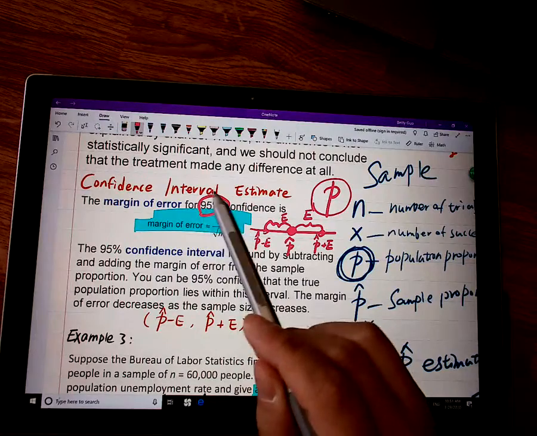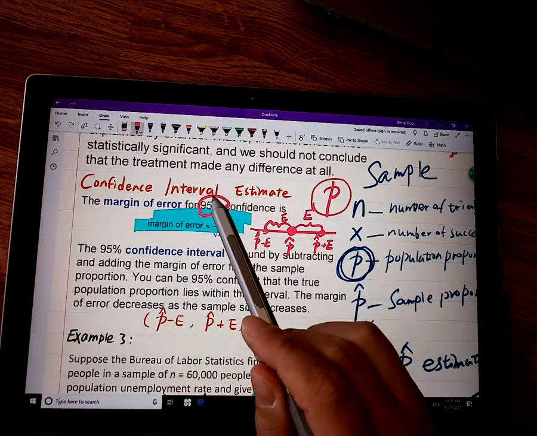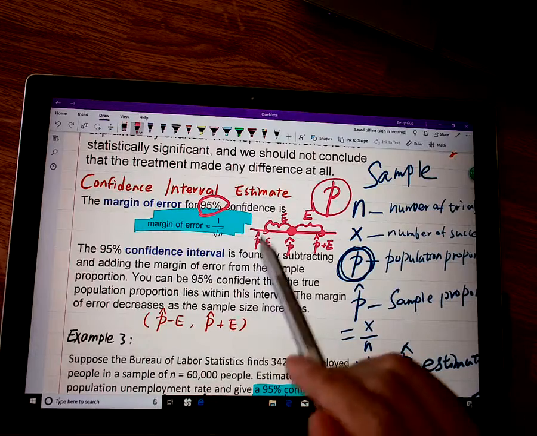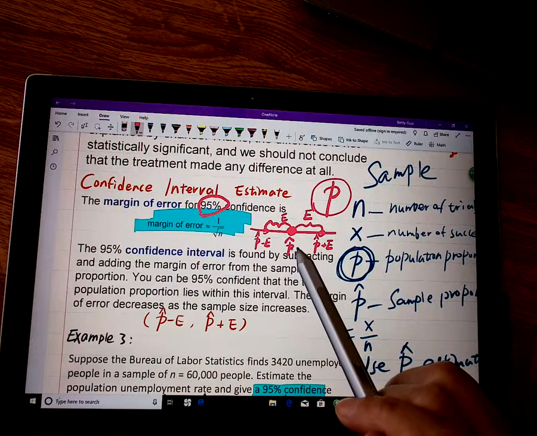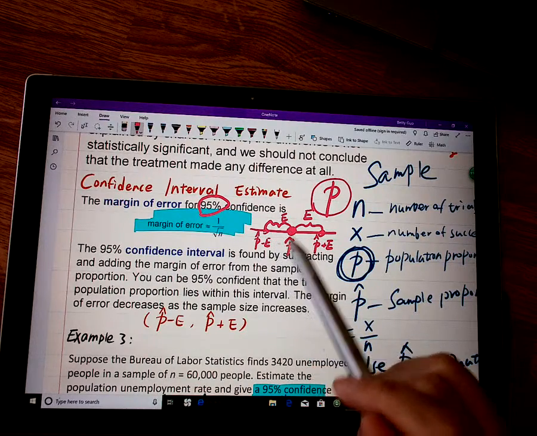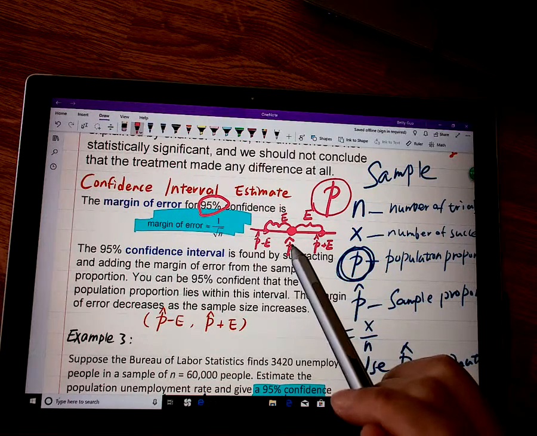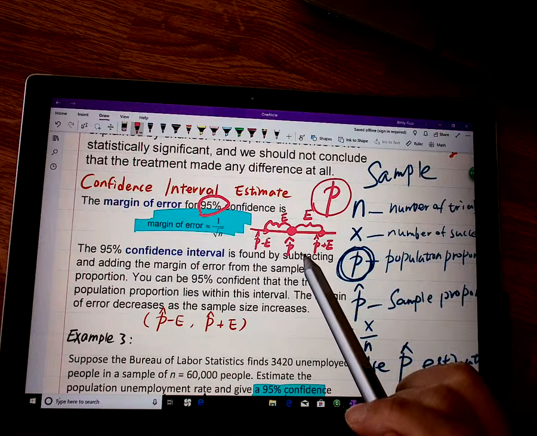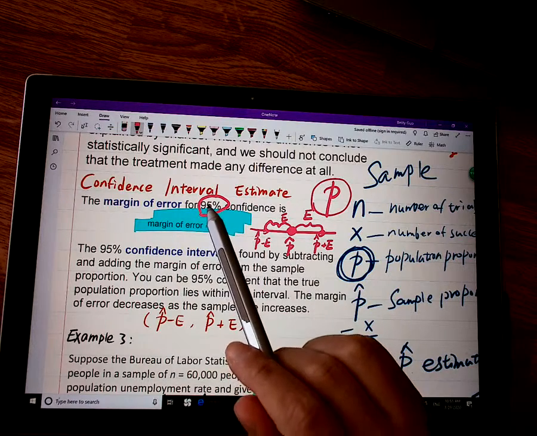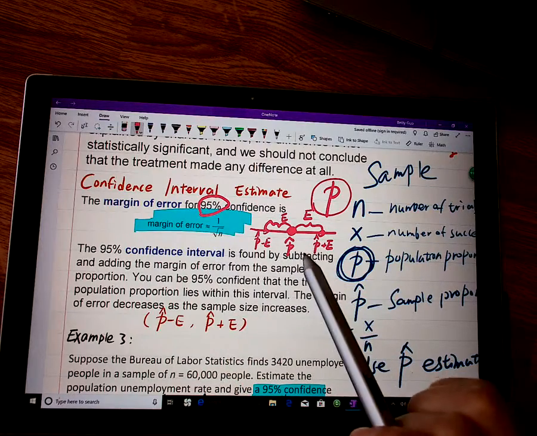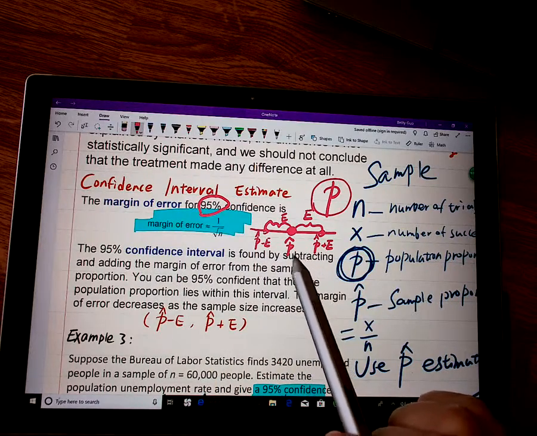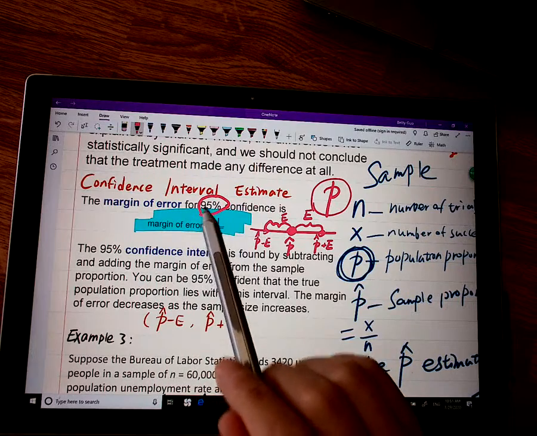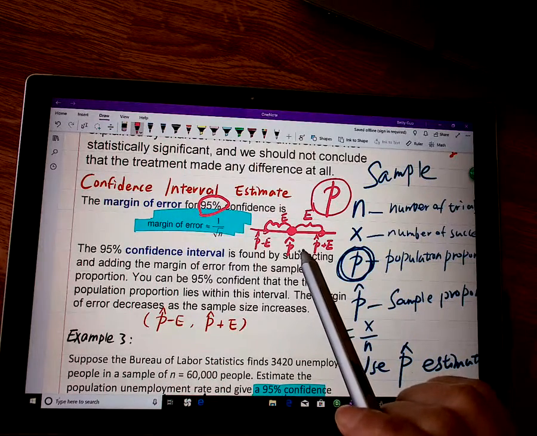The higher the level is, the more reliable the estimation is. Confidence interval describes the accuracy of the estimation. Of course, we prefer a smaller interval. The smaller the interval is, the more accurate the estimation is. Okay? Confidence level, reliability. Confidence interval, accuracy.